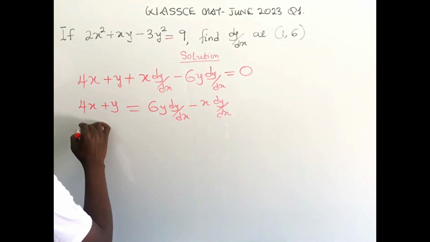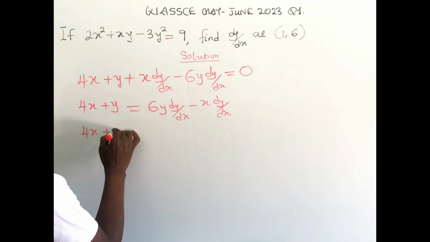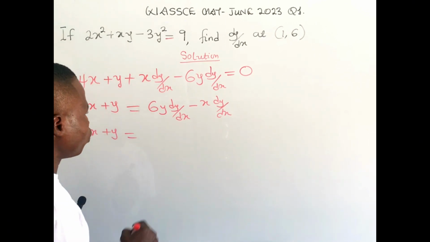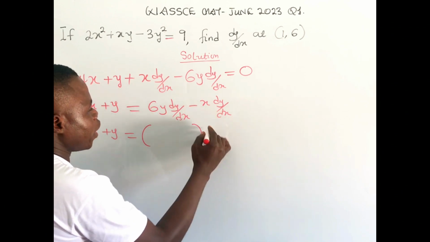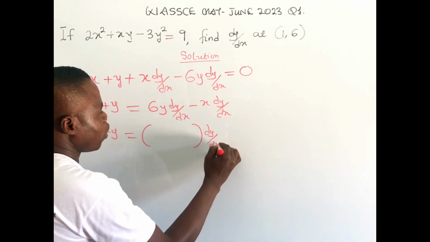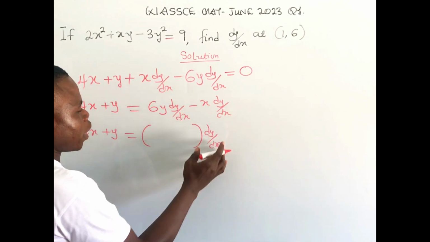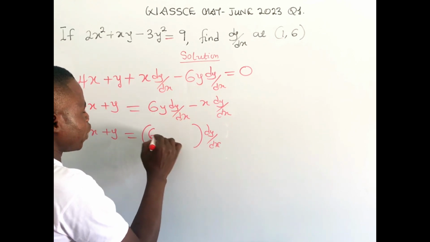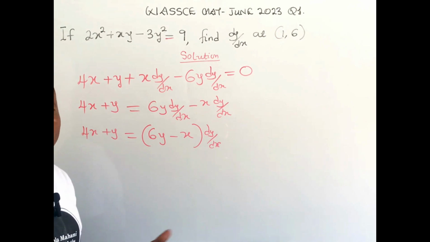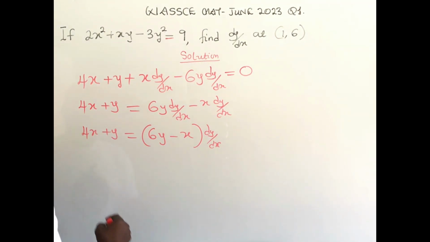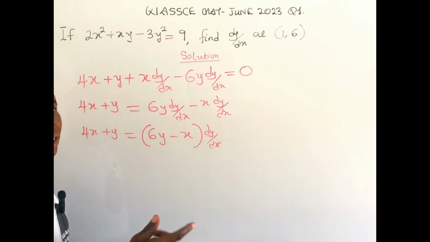And now I'll have 4x plus y is equal to, brackets open like this. Then my common factor here is dy dx. So if I factorize dy dx outside, what will be left here will be 6y minus x. I want to make dy dx the subject, so I will divide both sides by 6y minus x.